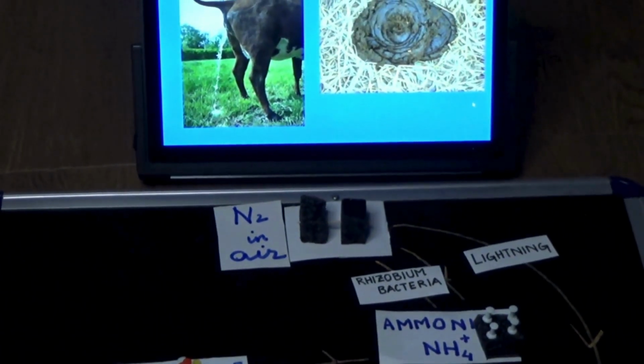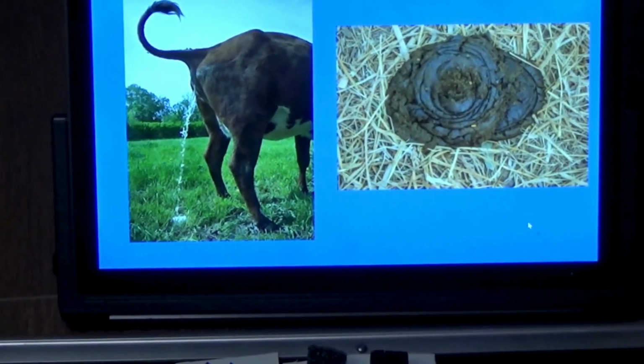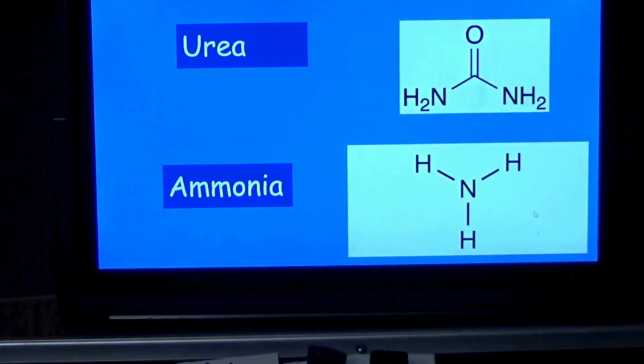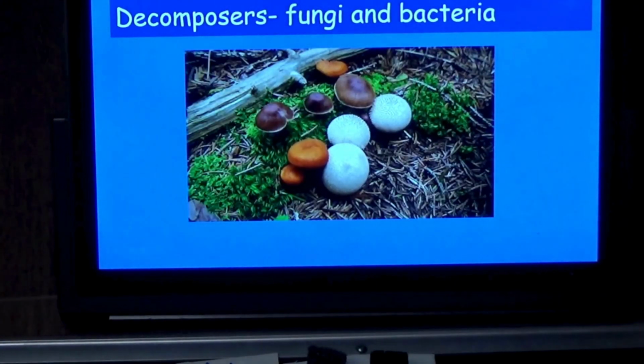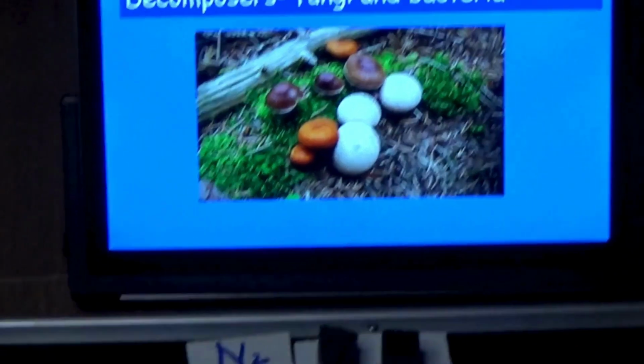All these have materials like urea and ammonia in them, where you can see nitrogen is part of those molecules, and all this is now converted in the soil into ammonium ions by the action of decomposers. Who are decomposers? They are basically fungi and bacteria. These decomposers break down the wastes into ammonium ions.